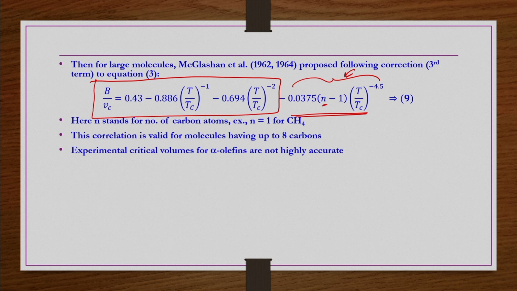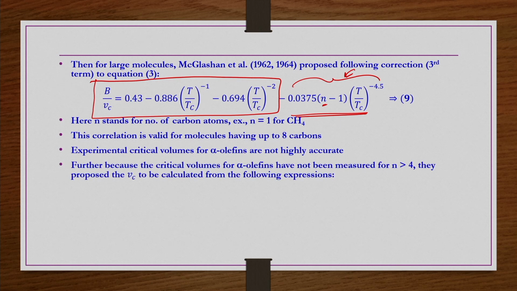So, for that they have also provided correlations for the critical volume, that is Vc. Further, because the critical values for alpha olefins have not been measured for n greater than 4, they propose this Vc to be calculated using this expression.